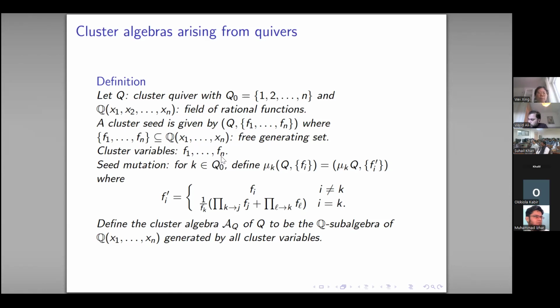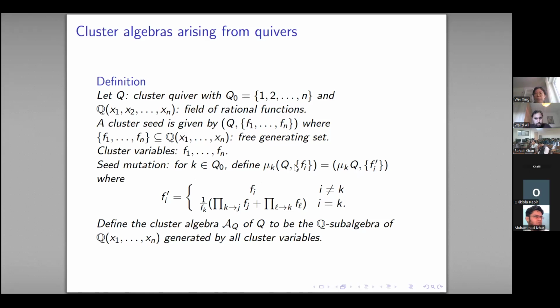And we give them a name. They're called cluster variables. And so then we can get a bunch of cluster seeds, and they are connected by seed mutations in the following way. We pick a vertex from the quiver, and we can mutate the cluster seed with respect to this vertex.